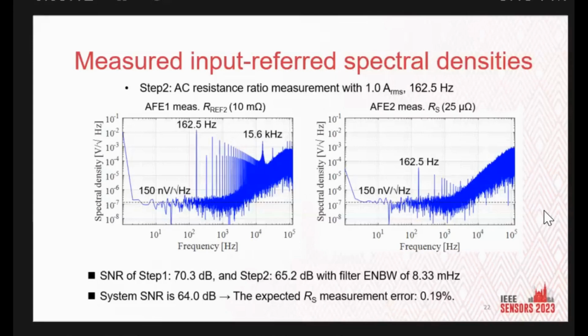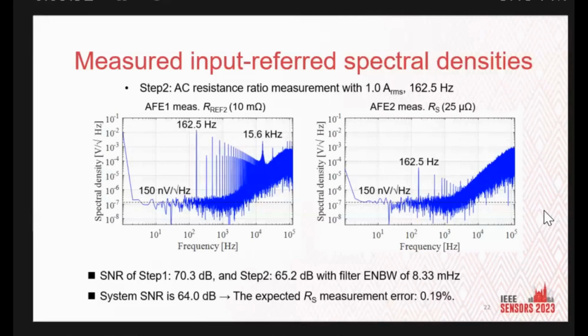The flicker corner frequency is below 10 Hz. The signal of FE2 is smaller than FE1, so the SNR of FE2 dominates the SNR of each step.